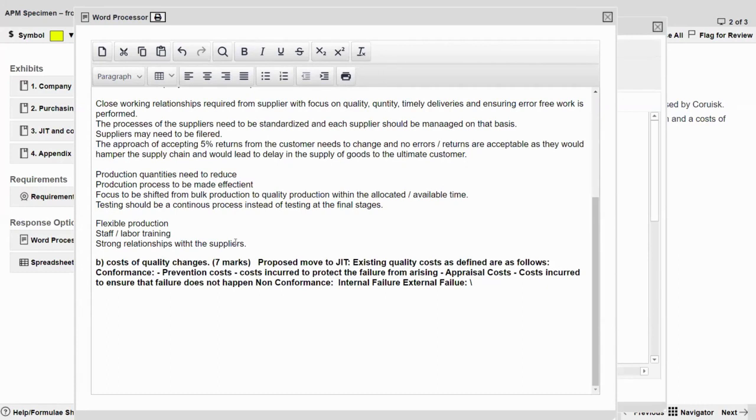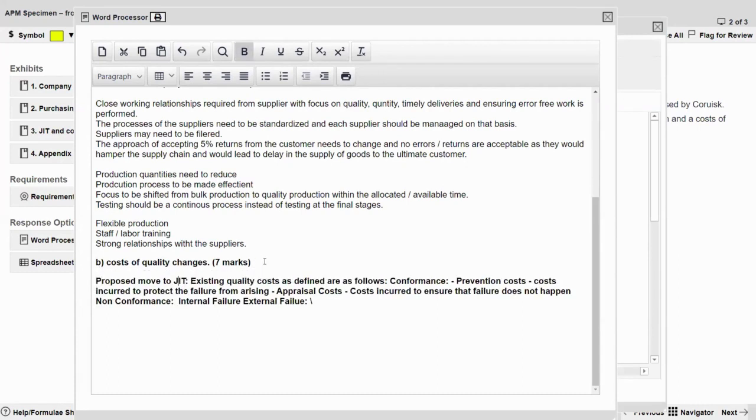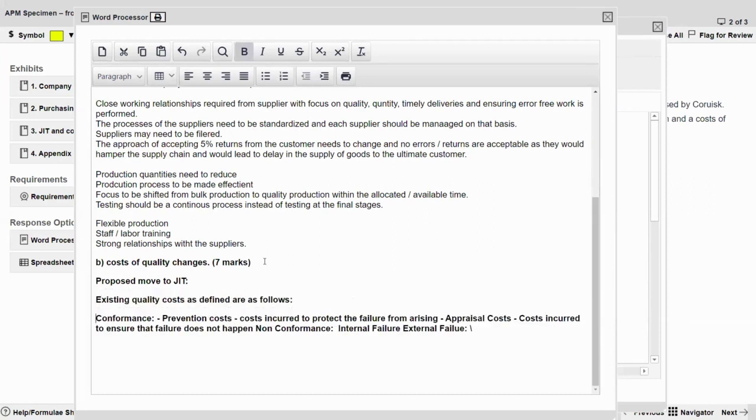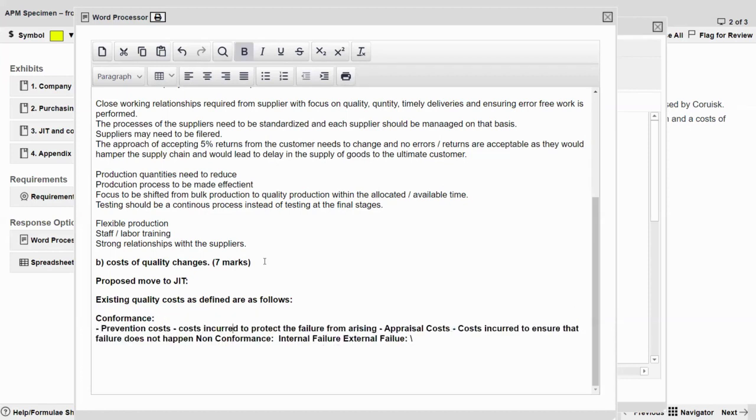Okay, cost of quality changes. The proposed move to JIT, what you would do is that you would say that the existing quality costs as defined are as follows. Then you've got the conformance cost, which is the prevention cost and the appraisal cost. Then you've got the non-conformance cost, which is internal failure and external failure.